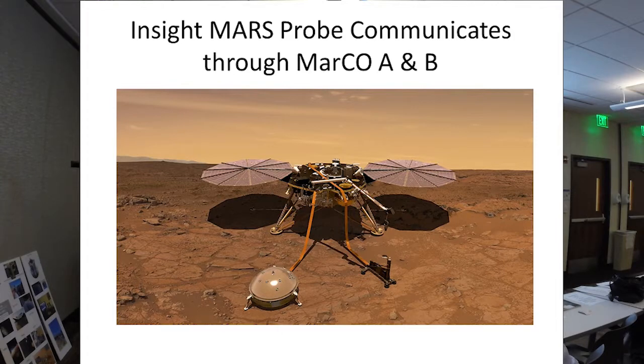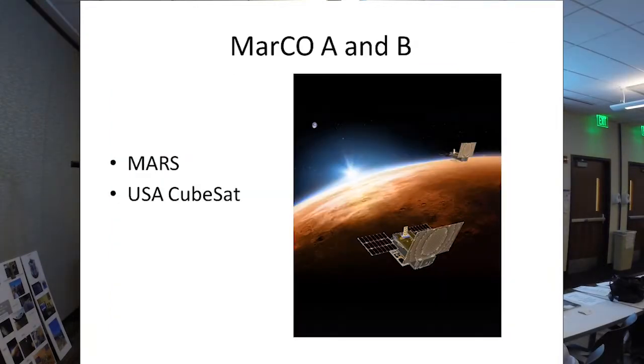I think they probably got that fixed, but this drill that was drilling down 15 feet got stuck. This is the actual seismograph when they set off a charge to be able to see what it is. Marco A and Marco B go around Mars so that at all times NASA can communicate with its device.